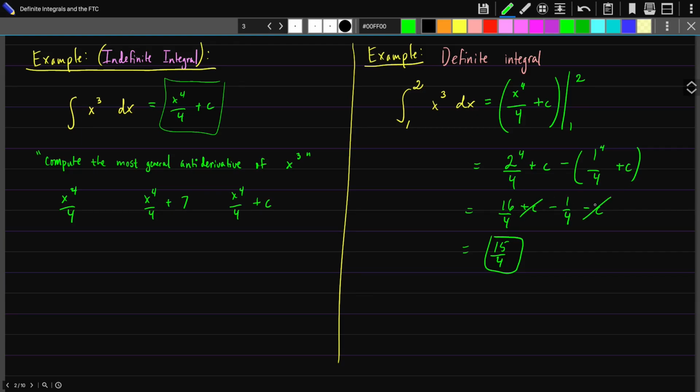Since these two c's cancel each other out, usually we don't write the c at all for a problem like this, and we just leave it out. But just FYI, any antiderivative would work, even the most general one, which includes the constant c. It would just be extra trouble to compute, so usually we don't use it.